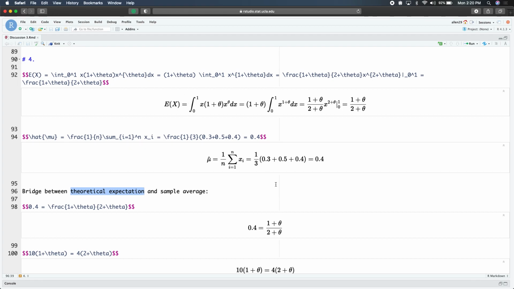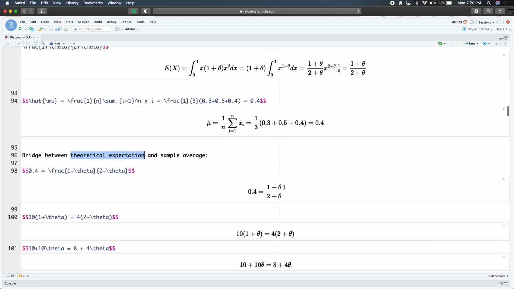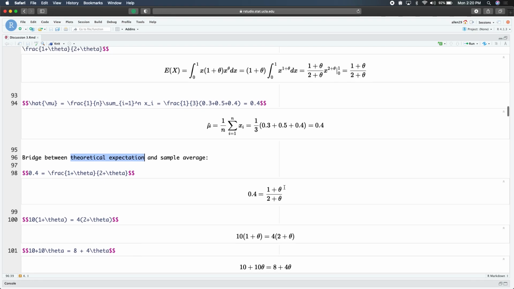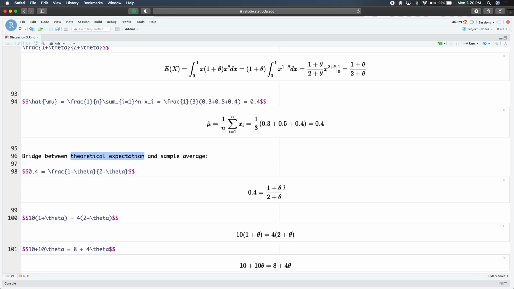And now we are also given 3 data points. From the 3 data points, we can also calculate the sample average, where I use mu hat or x bar for that. So just 1 over 3 of the 3 data points. And for the method of moment, we can just let the theoretical expectation equal our sample average.